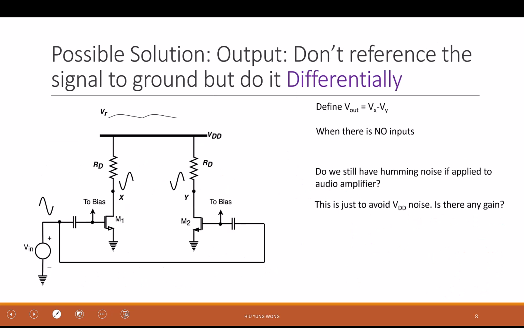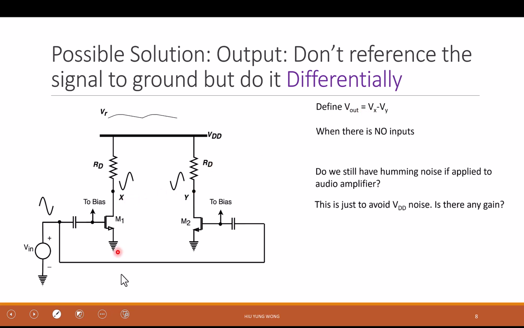Okay, so what can we do? The first solution that we can propose is to not reference the signal to the ground. Can we reference it differentially? Now, let's think about this. I'm going to define the Vout as Vx minus Vy.